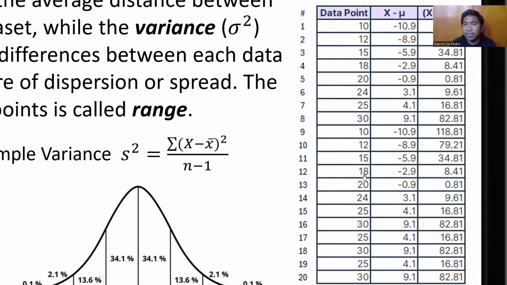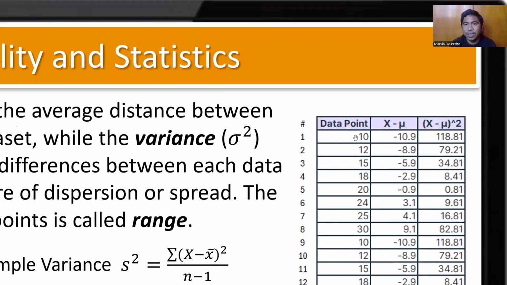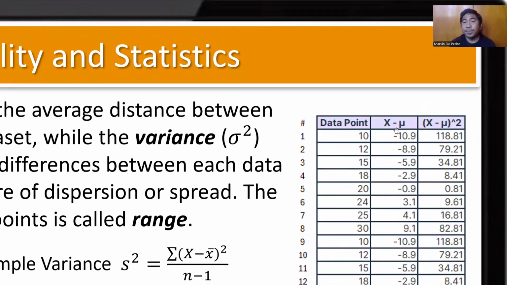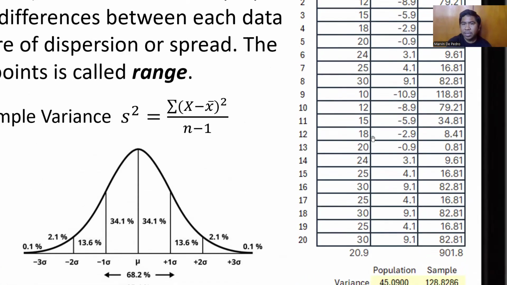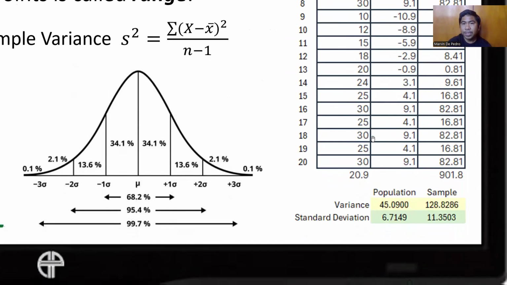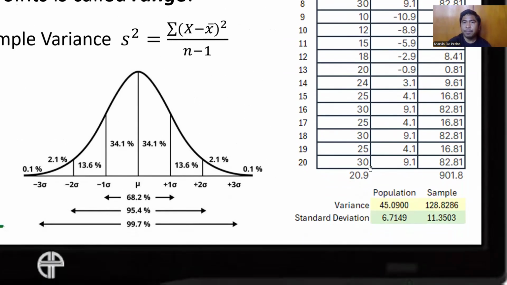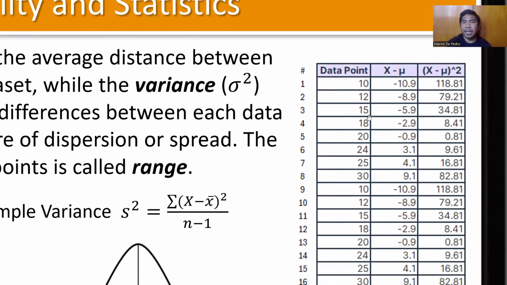And the standard deviation could be derived by first subtracting the mean from each of our data points. In this case, the mean is 20.9. So subtract that from each data point, and then we come up with this column.